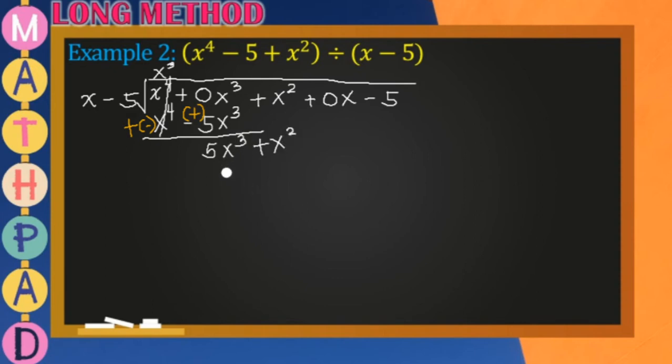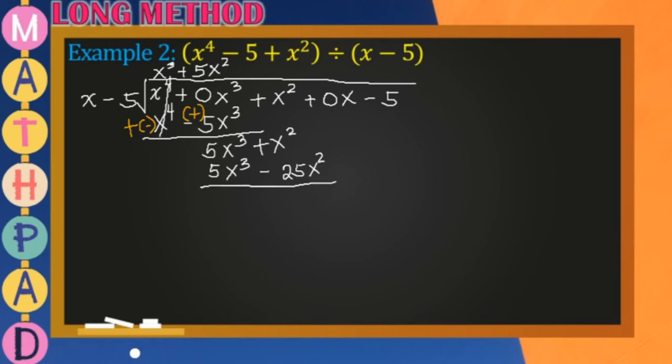Now, 5x cubed divided by x. And that is correct. That is 5x squared. Tama? And then, multiply. 5x squared times x, that's 5x cubed. Then, 5x squared times negative 5, that's negative 25x squared.